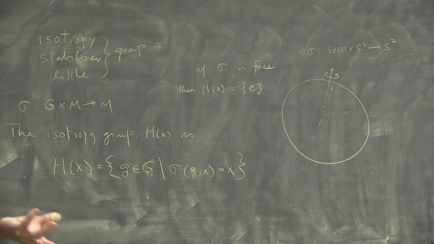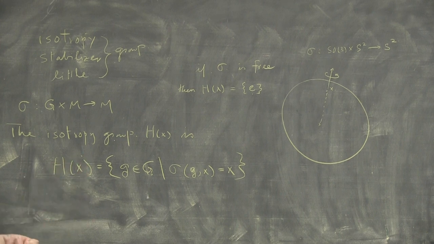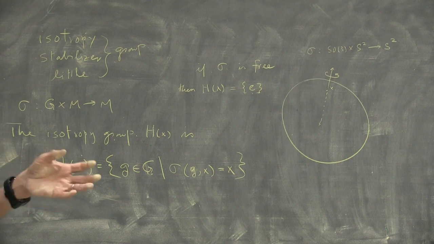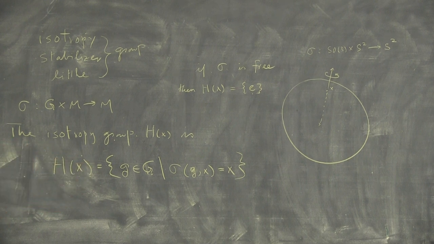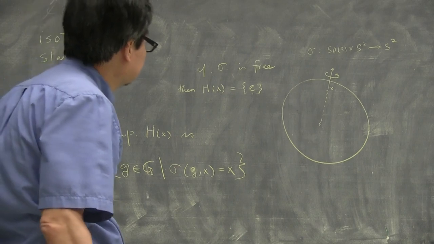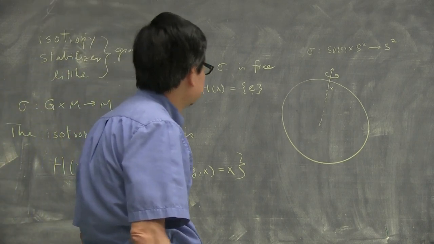Why is that? It follows directly. A group action is free if any non-identity element has no trivial action, right? So any non-identity element has to change the point x, okay? So in this case, if the group action is free, there's no non-identity element which changes the point.